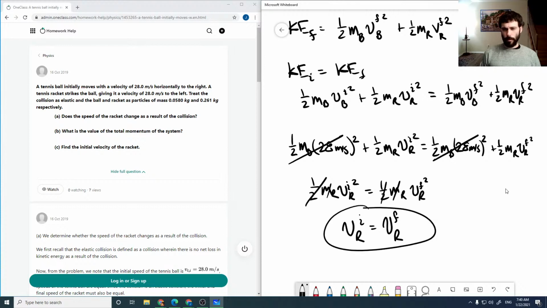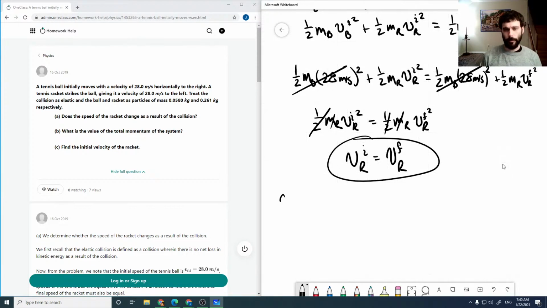So our speeds are constant. So for A, the speed does not change. All right. So for B, it asks what the total momentum of the system is.